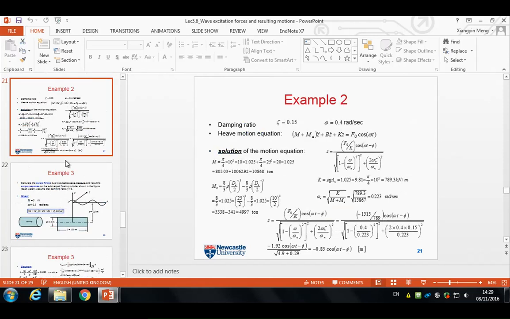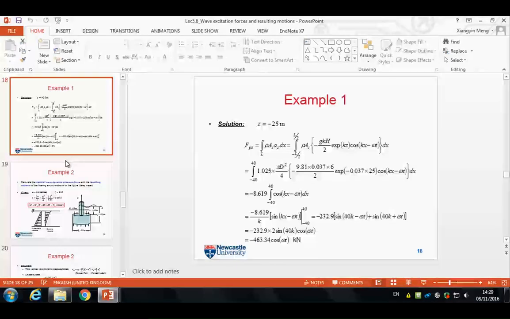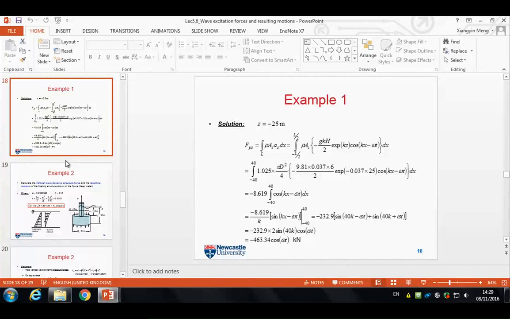Oh, this example is wrong. They all use the same calculation. Both force. No, it's wrong because I lost the ideal mass.